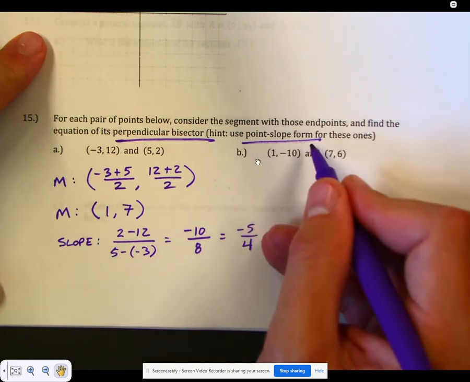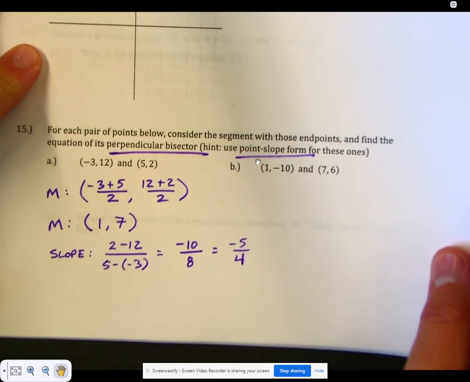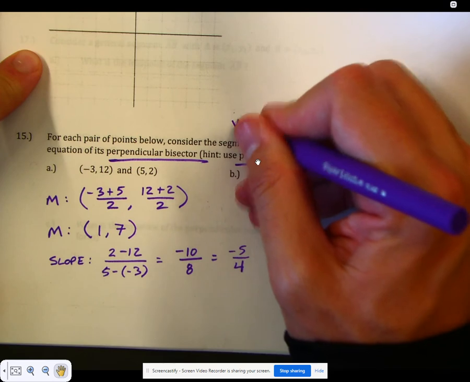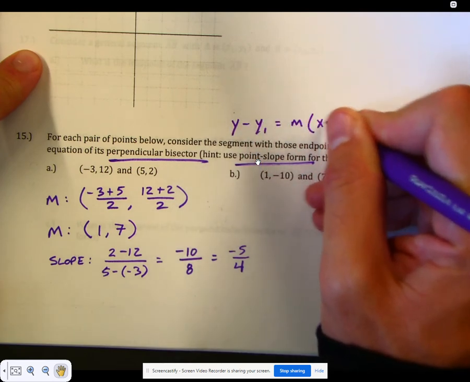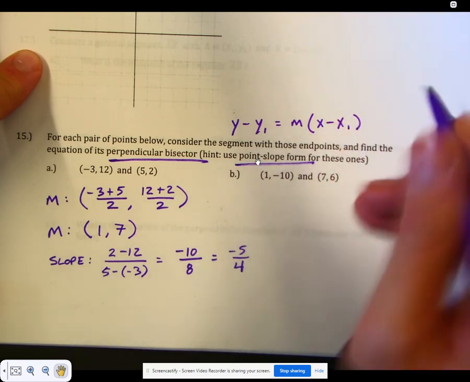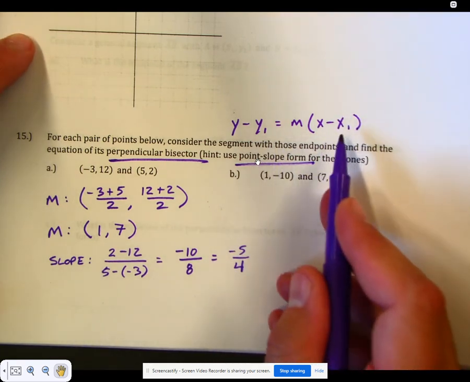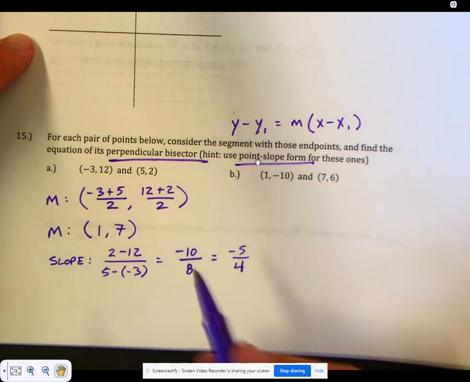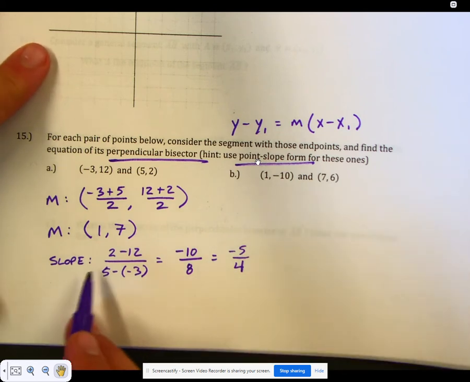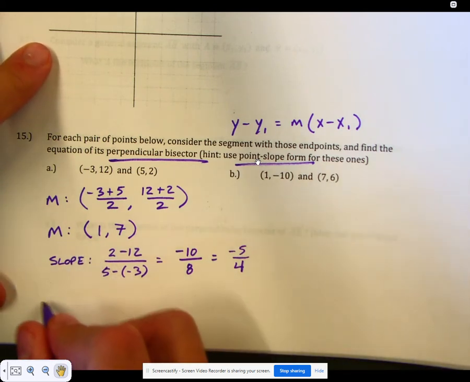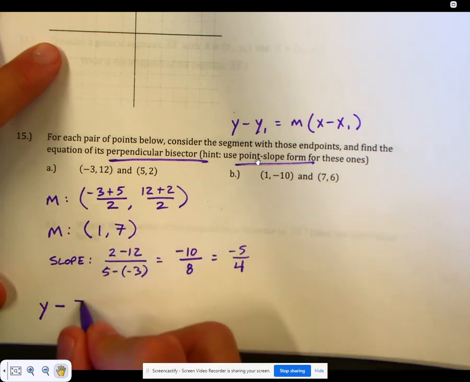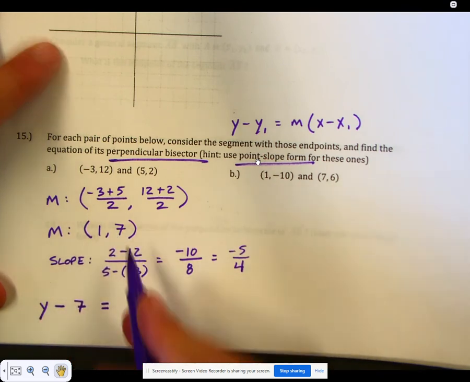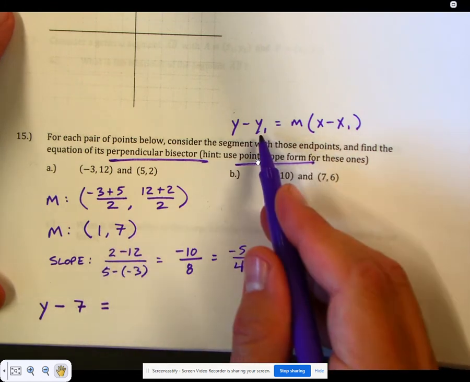And then I'm going to use point slope form. What point slope form says is that you can write y minus y1 equals slope times x minus x1. Now, it might look a little confusing, but x1 and y1 just represent any point that you know is on your line. So here, I'd have y minus 7, the y value of my point, so 7 is my y1 here.